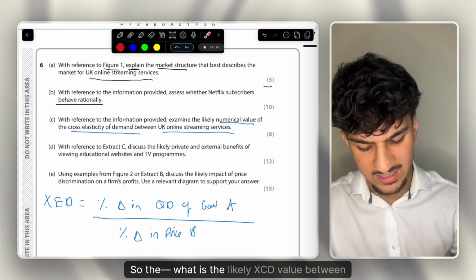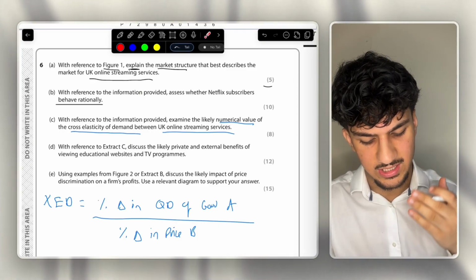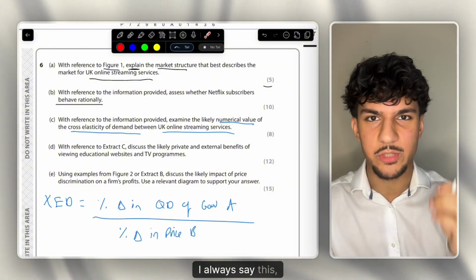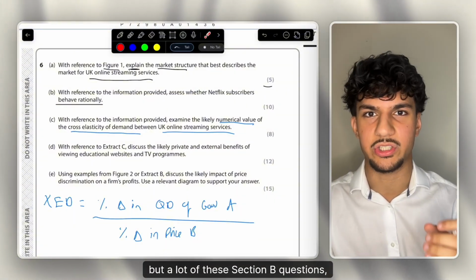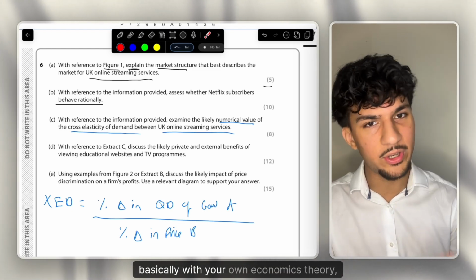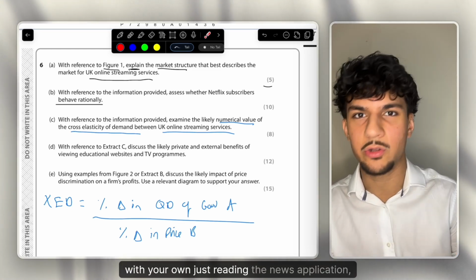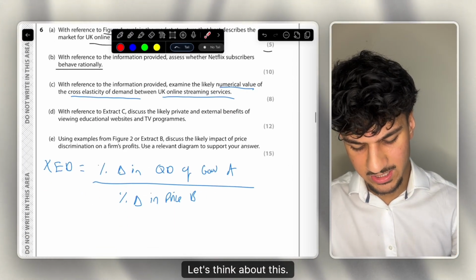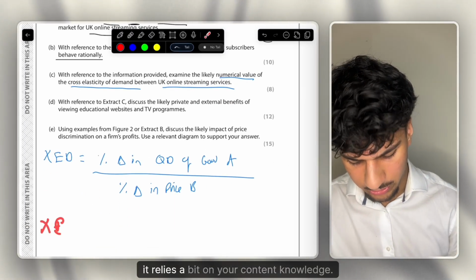So what is the likely XED value between these streaming services, like Netflix and Disney Plus? I always say this, but a lot of these section B questions you can answer just with the knowledge you have in your brain, with your own economics theory, with your own reading of the news, just your own real world understanding. Let's think about this. The XED value relies a bit on your content knowledge.